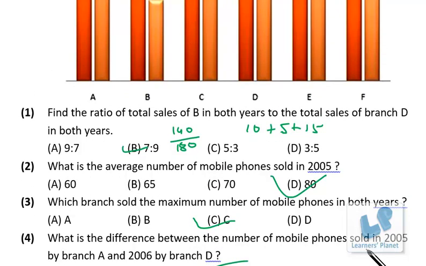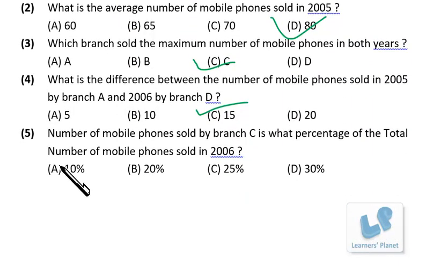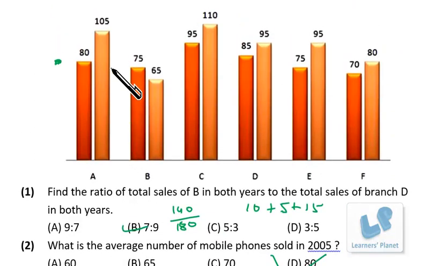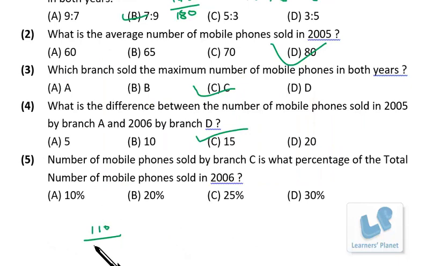So C in 2006 is 110 and total is 550, so it is 1 by 5, so that's 20%, right? The questions are very simple, I guess.